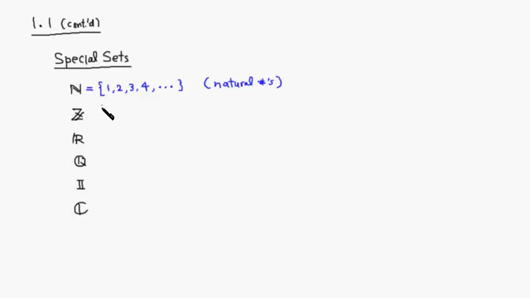And Z is the notation for the set of all integers. That will be 0, plus or minus 1, plus or minus 2, plus or minus 3, and so on. So that will be all integers.